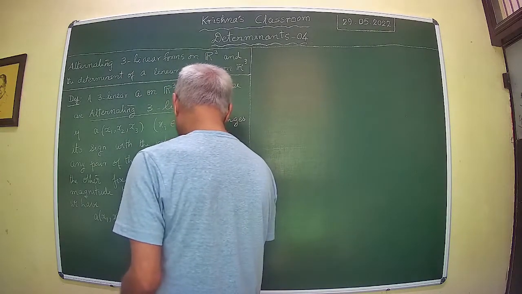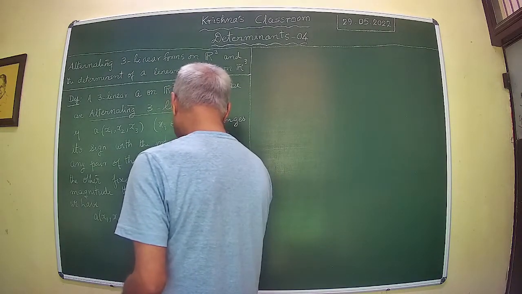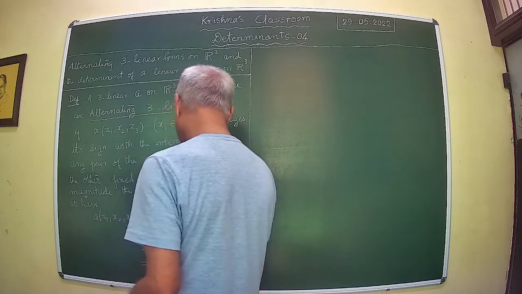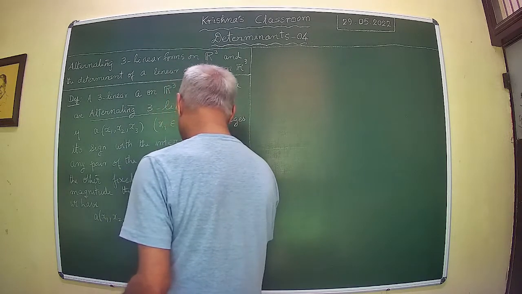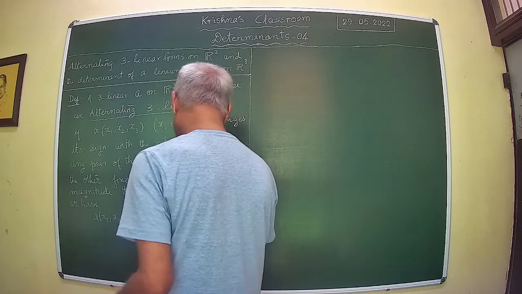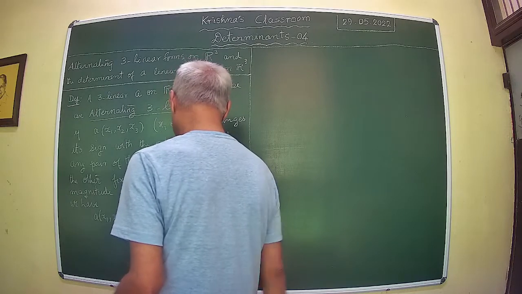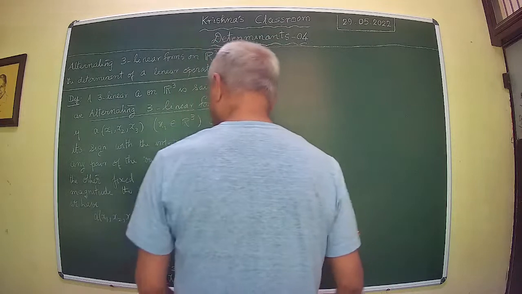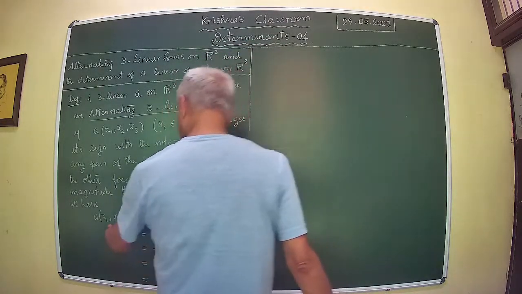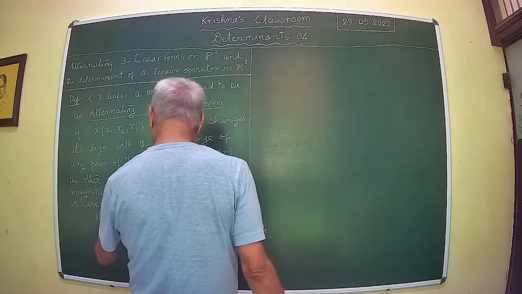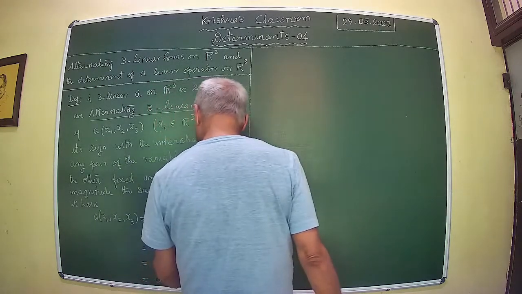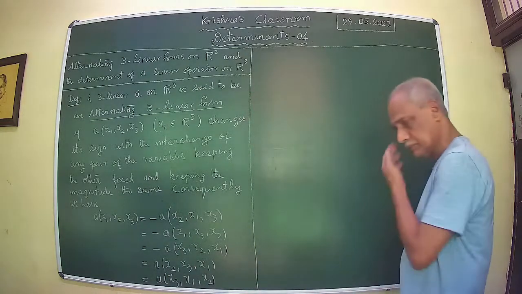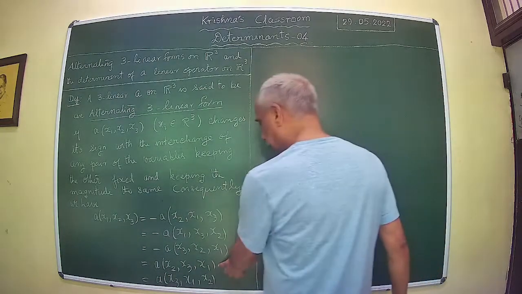Then x1 comes here, and then you interchange x1 and x3, and you will get x2, x3, x1. So two interchanges are taking place. Therefore, the sign remains the same.